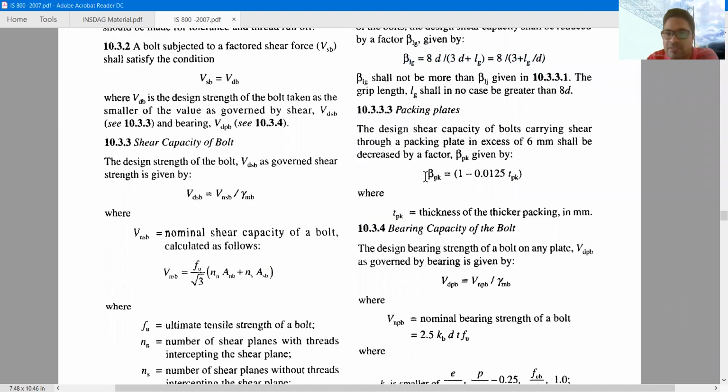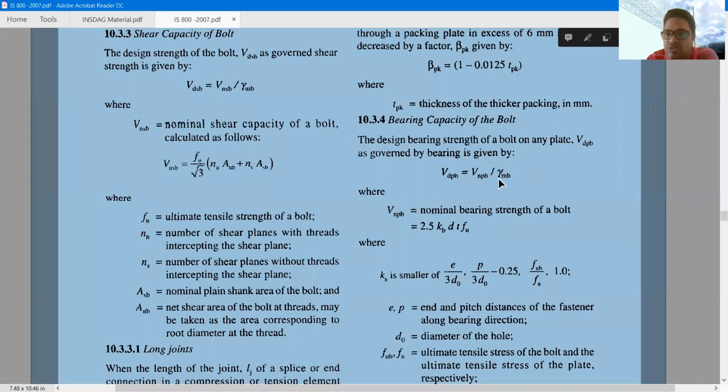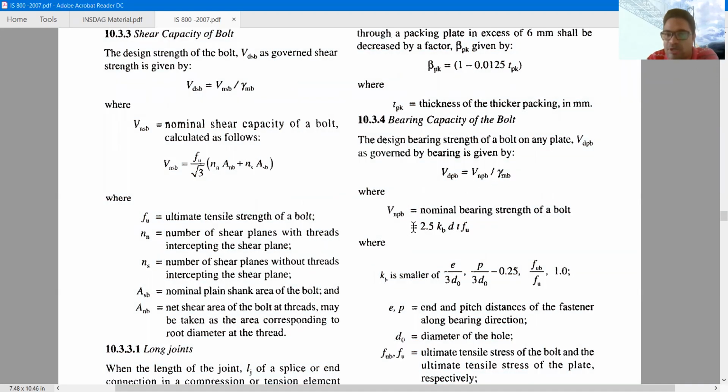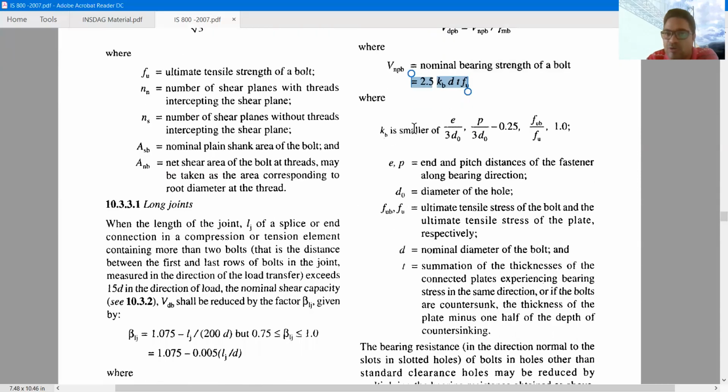For packing plate, beta PK. Similarly, to calculate the bearing capacity of the bolt, these are the formulas. This is the formula to calculate the design bearing strength of the bolt. VNPB is calculated using this formula, Kb into d t into fu, and Kb is calculated using this formula.